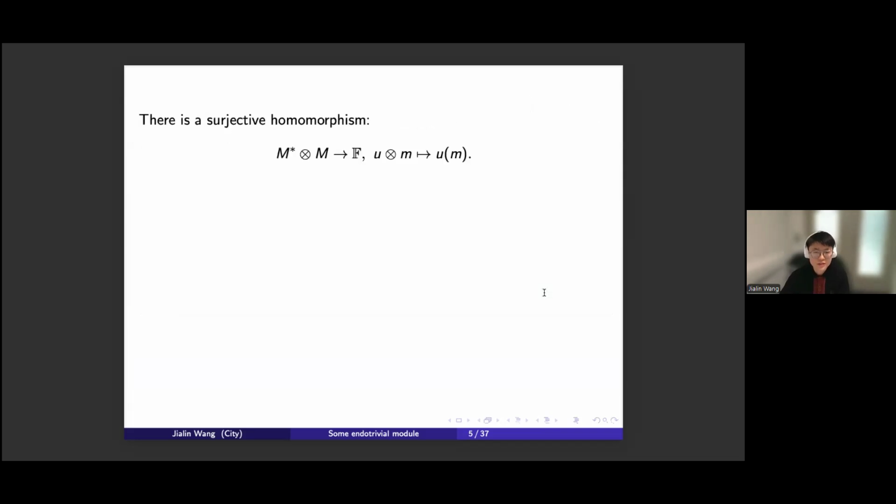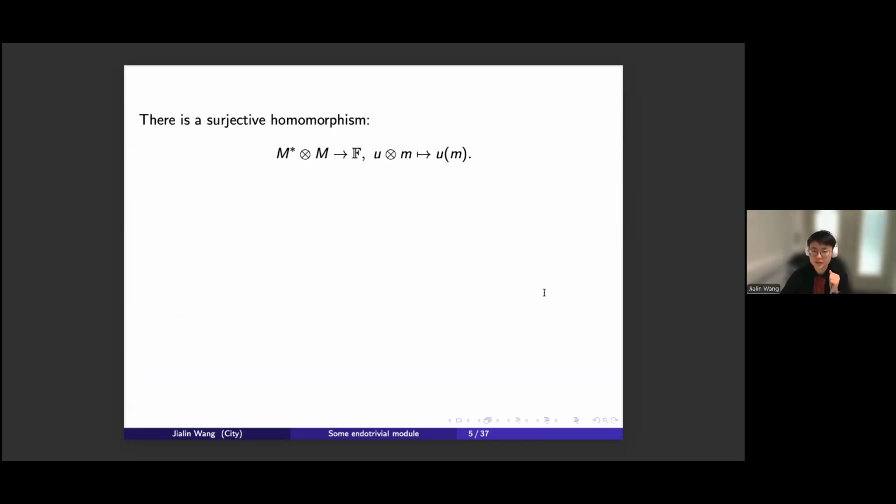Given this definition, what else can we say about endotrivial modules? First of all, in general, we have a surjective module homomorphism from the tensor product of the dual of M and M to F, which we sometimes call the evaluation map.